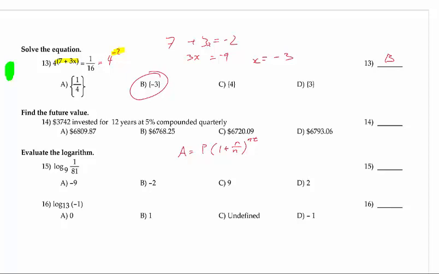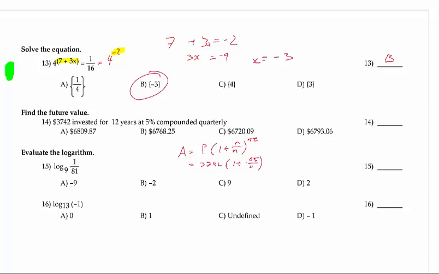All right, so simply plug in all the numbers. This is 3,742 times 1 plus our rate, which is 0.05, divided by the number of compounds. What was that again? Quarterly.